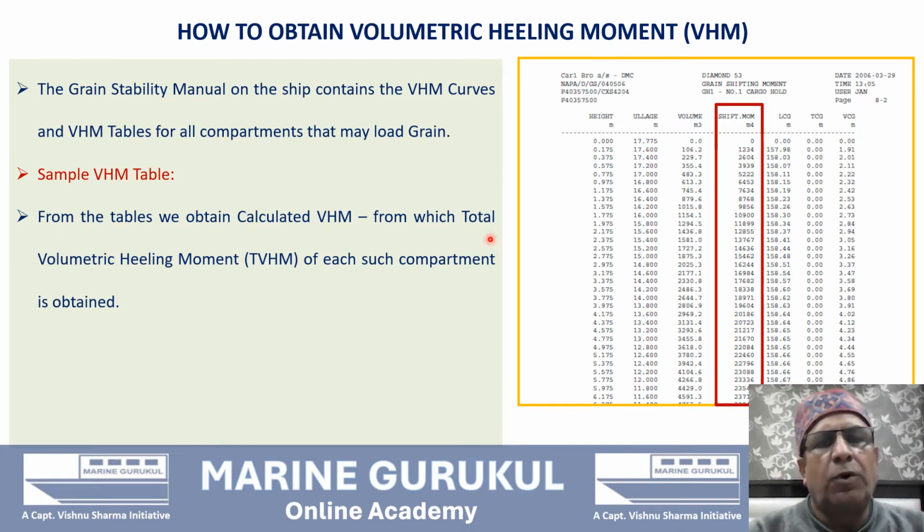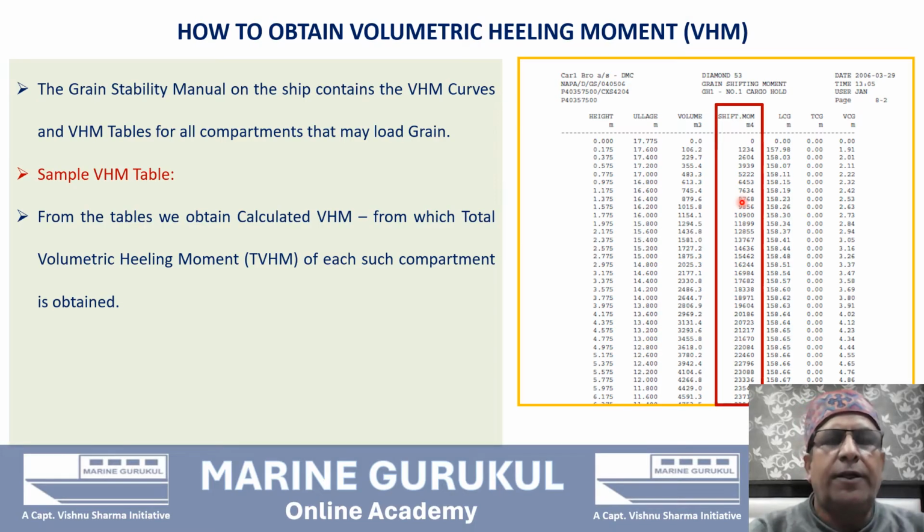From the tables we obtain the calculated volumetric heeling moment. So whatever values you'll get from here in our discussion, we shall be calling it the calculated volumetric heeling moment. Now from the calculated volumetric heeling moment, subject to certain corrections, we shall arrive at what we shall call the total volumetric heeling moment of that particular compartment.